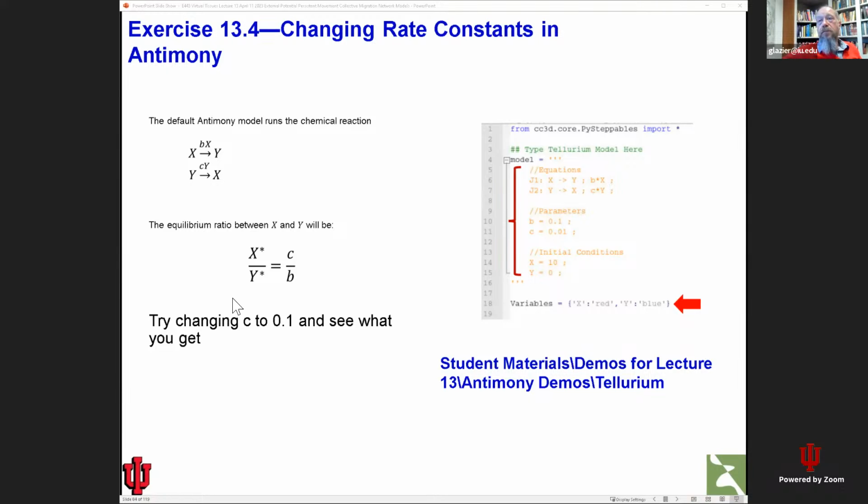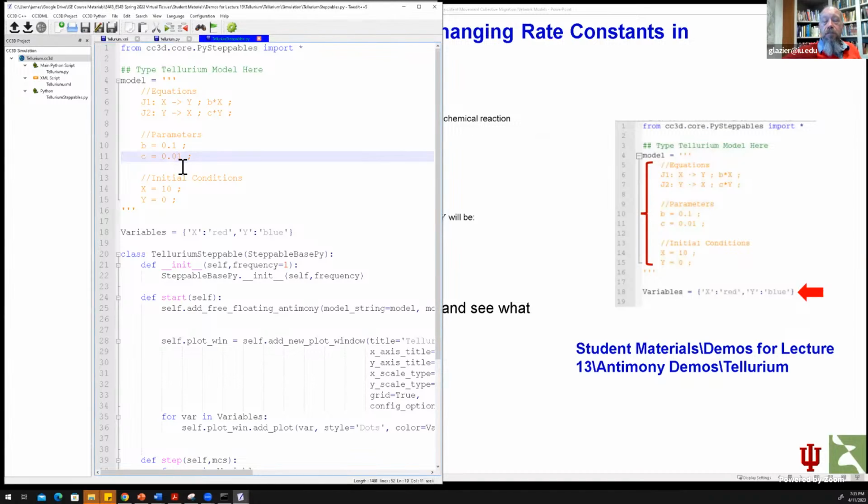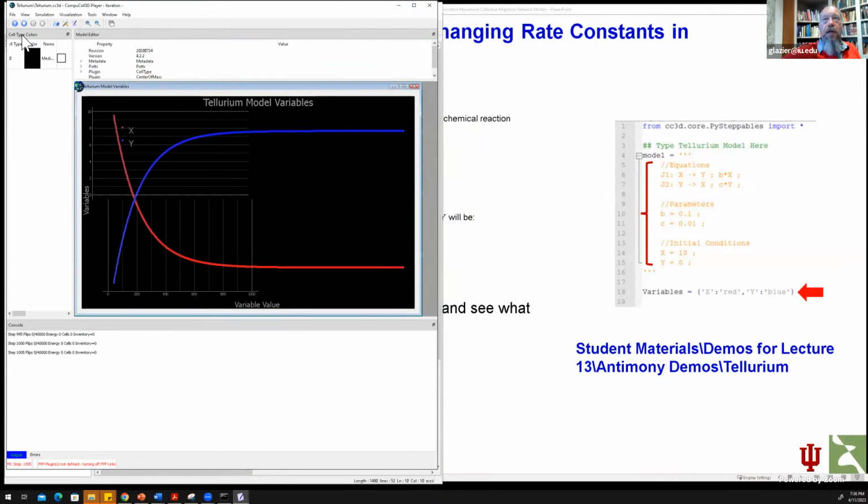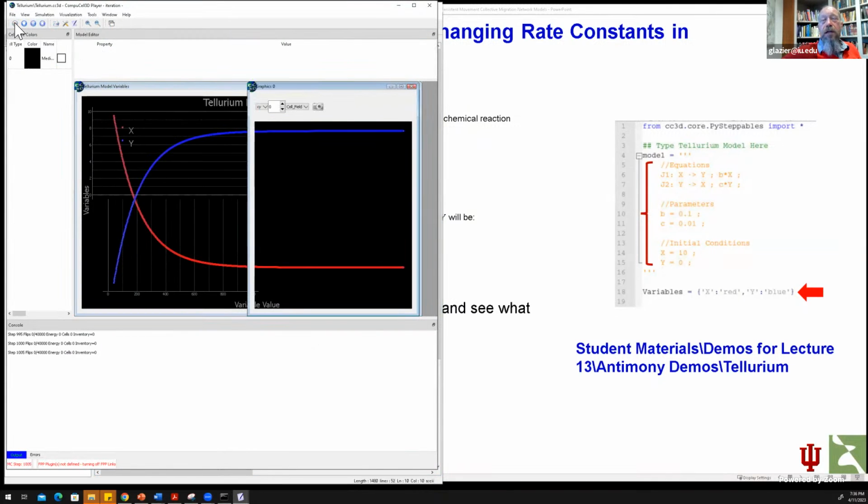If you do that, what you should see, and I can do that with you, I'm going to change C from 0.01 to 0.1. I'll hit save. And I'll run my simulation again.